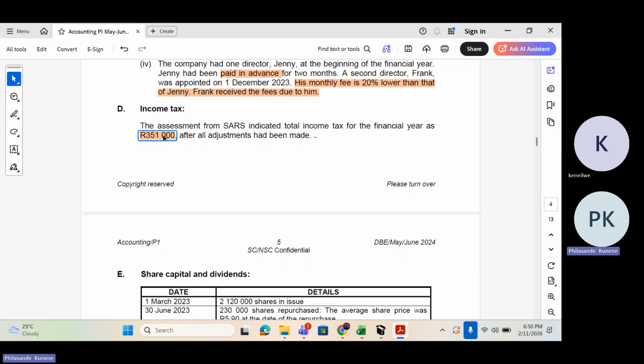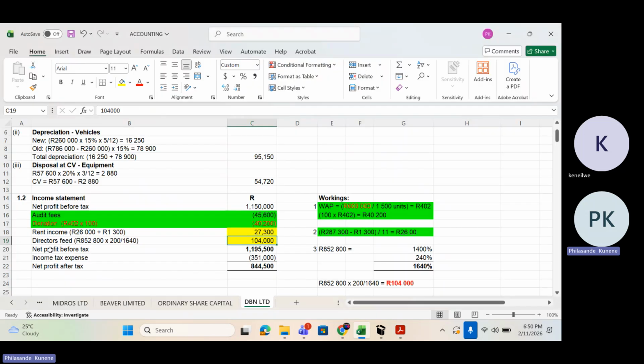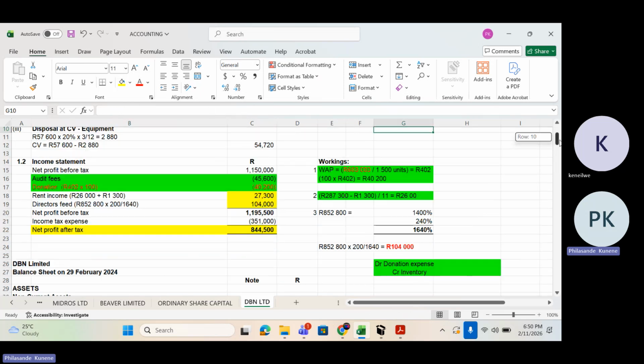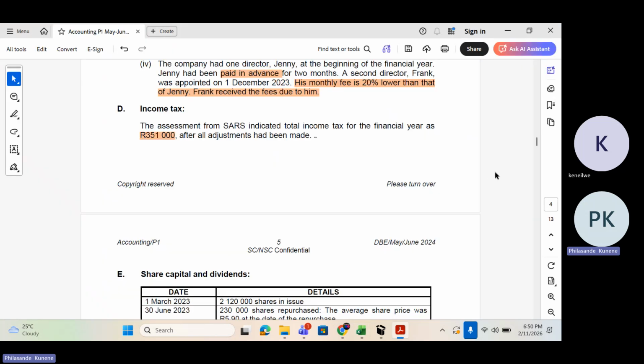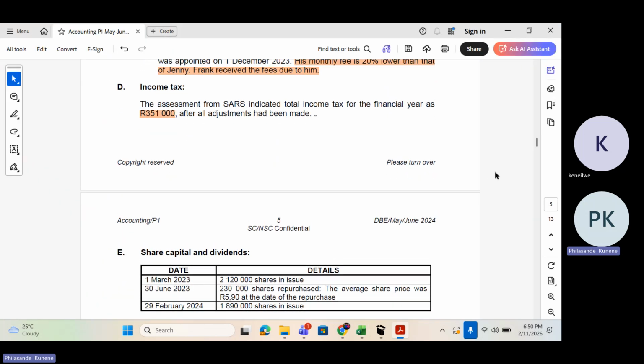We have dealt with this one already. 351,000. We knew that we had to subtract it here, and then income tax expense 351, and then we got 844 as the net profit after tax. I'm not too interested in this one because it's something that we worked on before. But now I just want us to carry on with the rest of the transactions.